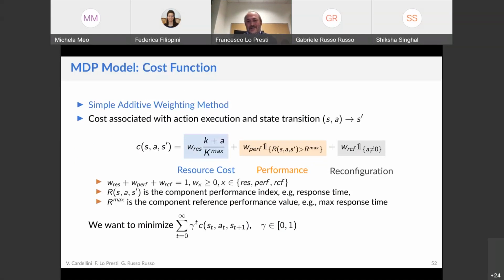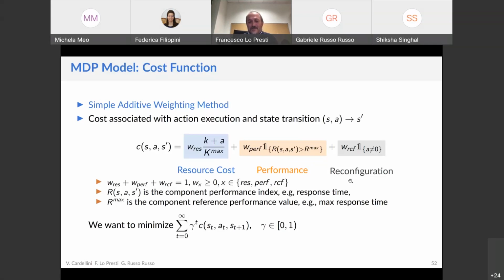To define a policy, we need to introduce our cost model. As Valeria introduced before, in our cost model we have to take care of the relevant factors in our system. In our case, we have a combination of things we have to care about: one is the resource cost, one is performance, and the other is the reconfiguration cost.